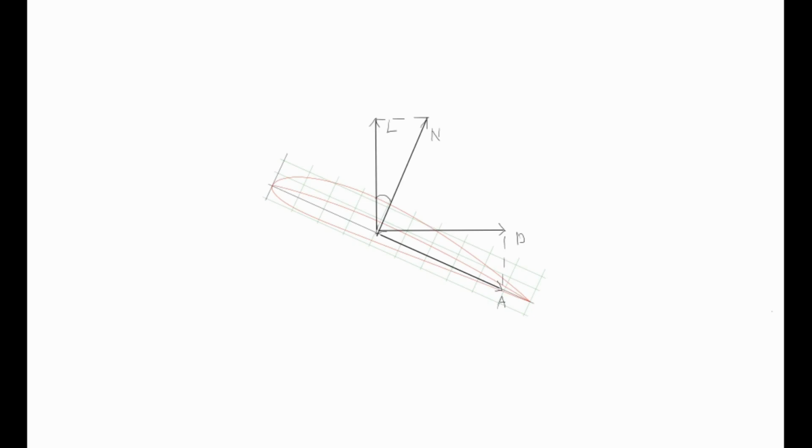With simple trigonometric applications, we can determine the equation of lift and drag based on the normal and axial forces.